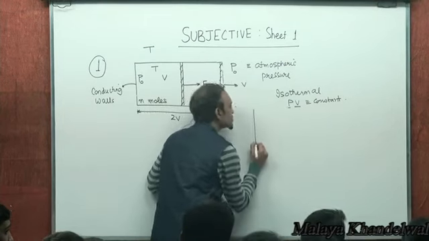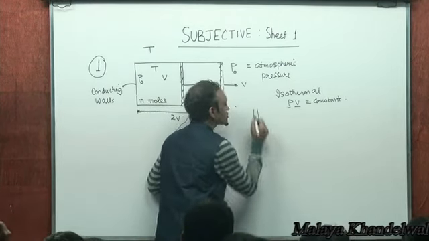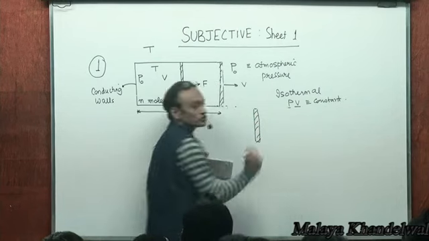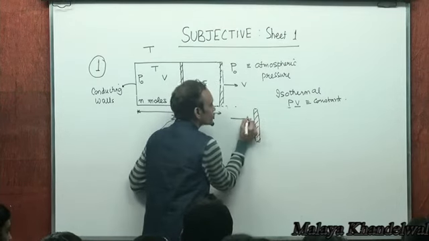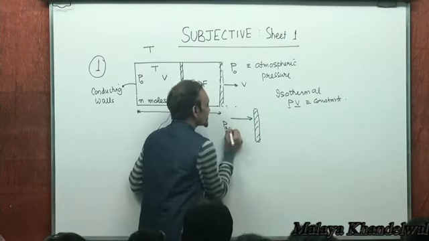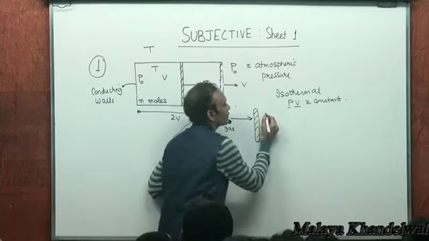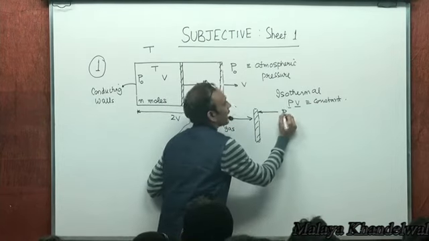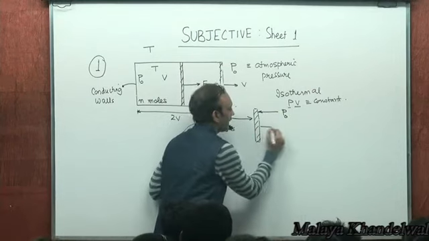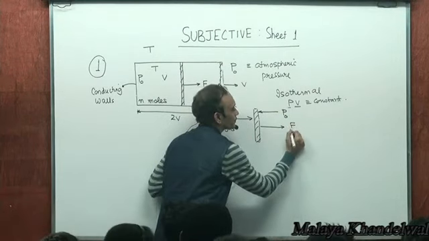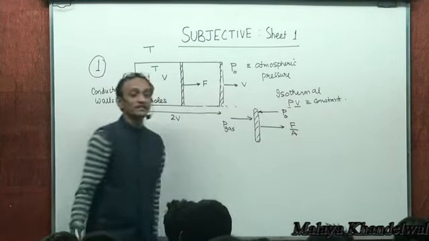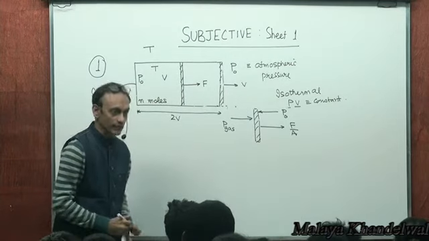See, if you really look at the piston, what are the forces acting on it? The force because of the pressure of the gas, the force because of atmospheric pressure, and the force F from the external agent.